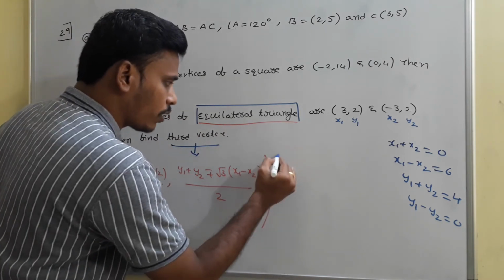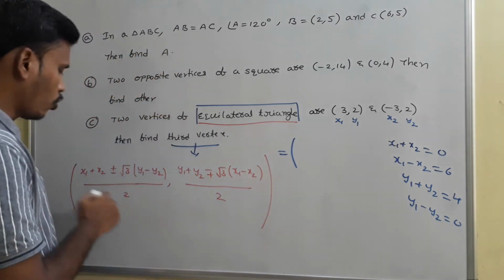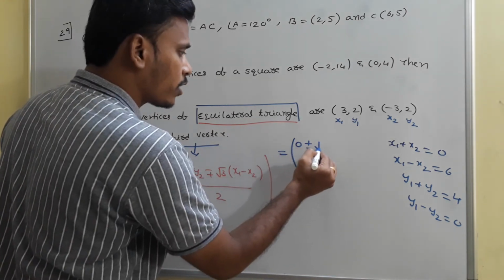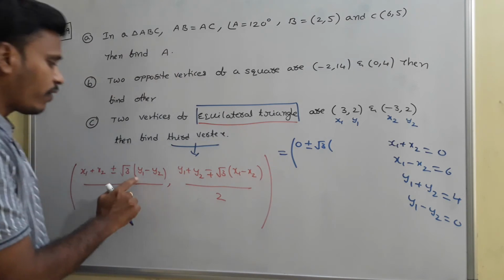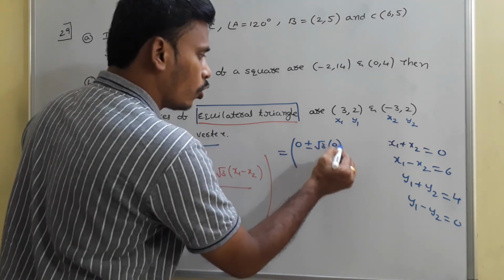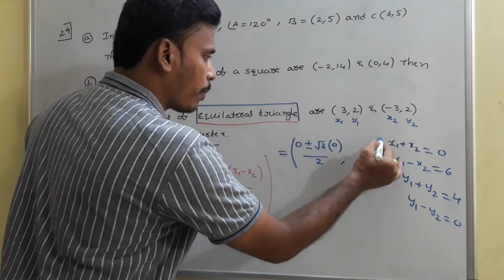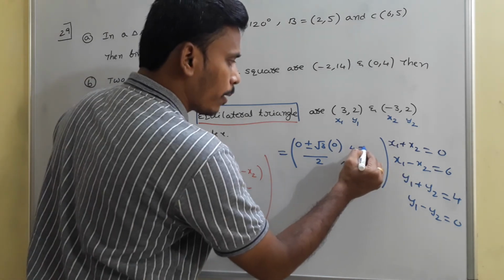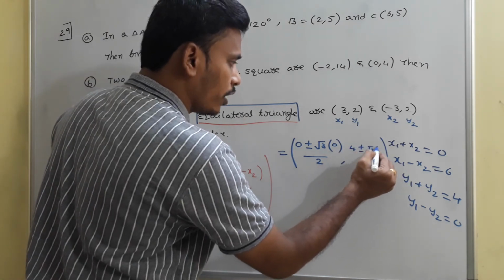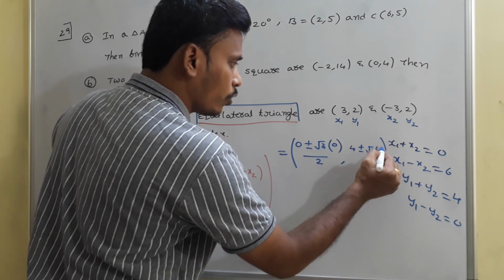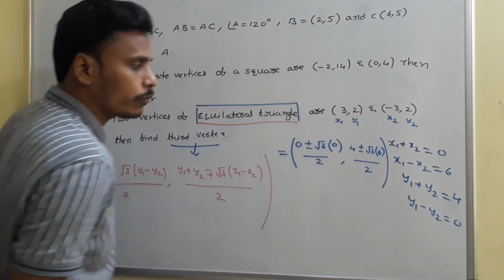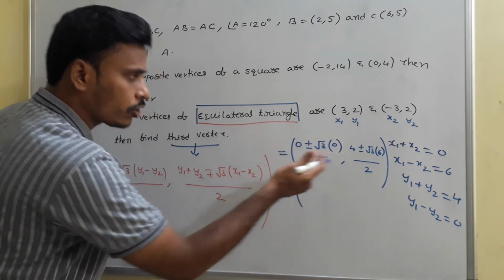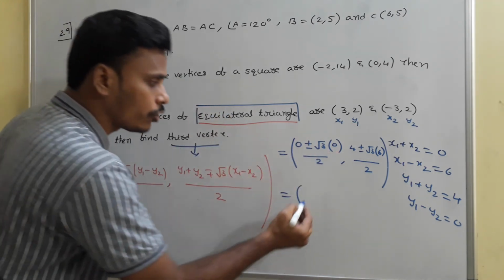So now this is equal to, just look here, x1 plus x2, which is 0, plus or minus root 3 into y1 minus y2, which is again 0, divided by 2, comma y1 plus y2, which is 4, plus or minus root 3 into x1 minus x2, which is 6, divided by 2. On simplification, this is clearly 0, since 0 plus 0, 0 minus 0 by 2 is 0.